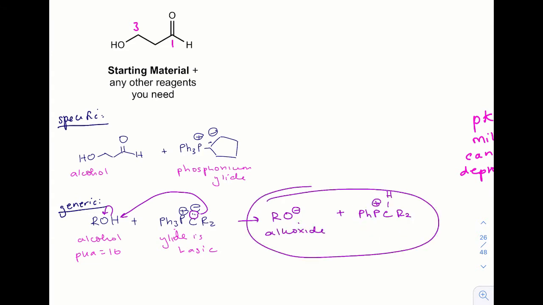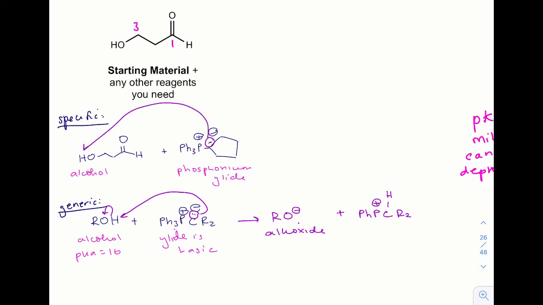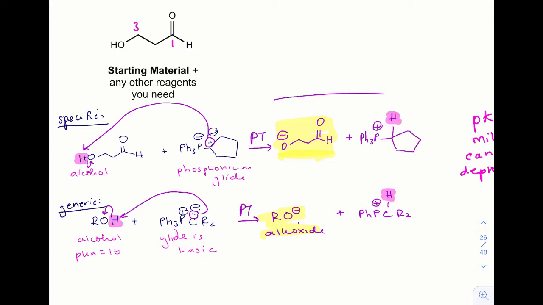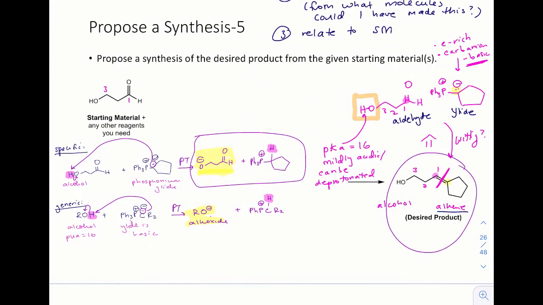And together we have a salt. In the specific example, the basic electrons from the phosphonium ylid would deprotonate the alcohol, generating an alkoxide and the protonated Wittig reagent. An undesired proton transfer reaction would occur rather than the Wittig reaction.